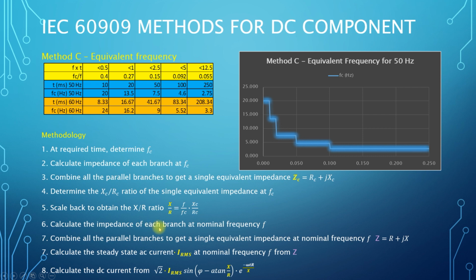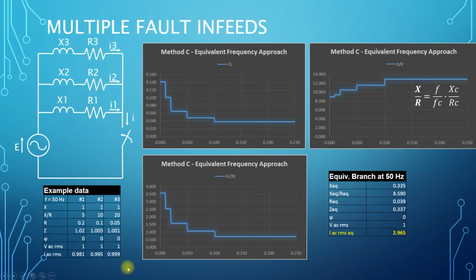We now have to calculate the impedance of each branch at nominal frequency F. We combine all the parallel branches to get the single equivalent impedance at the nominal frequency F. And from that, for a known driving voltage, we can calculate the RMS current.